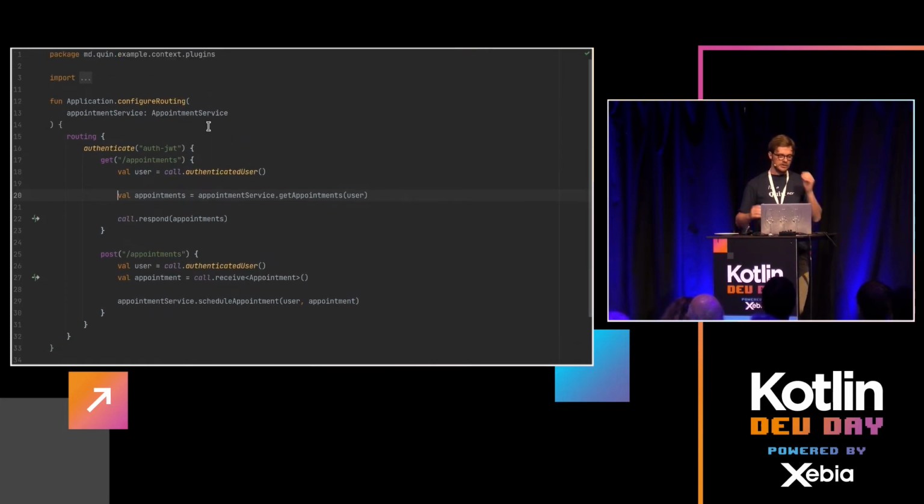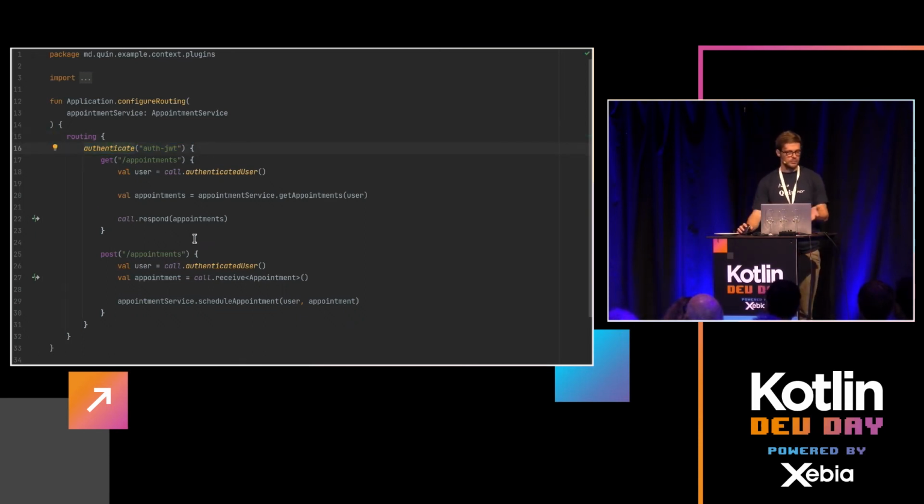Yeah, so I've used an example of something in Ktor. For those who are unfamiliar with Ktor, this is just how you define a couple of endpoints. There's a getter for getting appointments for a user, and we have a post endpoint where you can create a new appointment for a user. This is just to make sure that we have a valid JWT token where there's some information about the user, like a user ID, a username and maybe a locale.